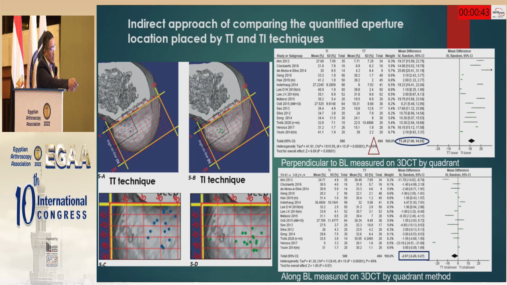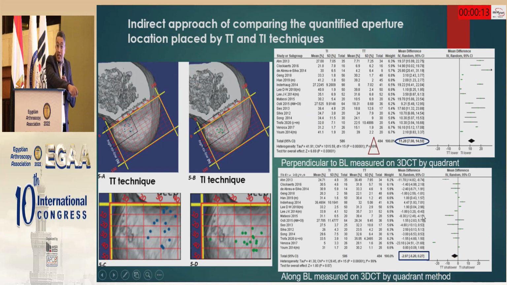When we pooled the results, we found that there was a significant difference, and the tibial independent technique significantly lowered the femoral aperture in the plane perpendicular to the Blumensaat line, and this was a difference of 11.3%. Regarding the positioning along the Blumensaat line, we found that there was non-significant difference.